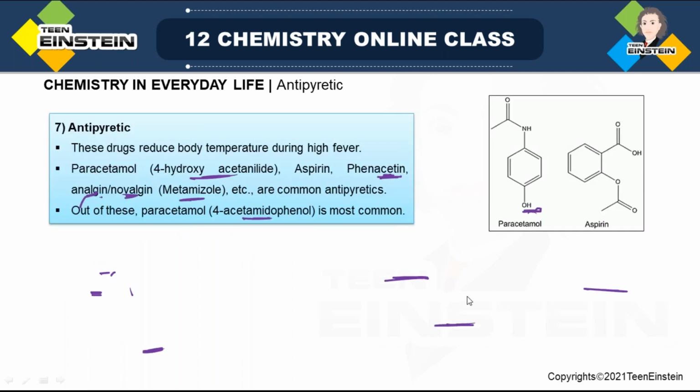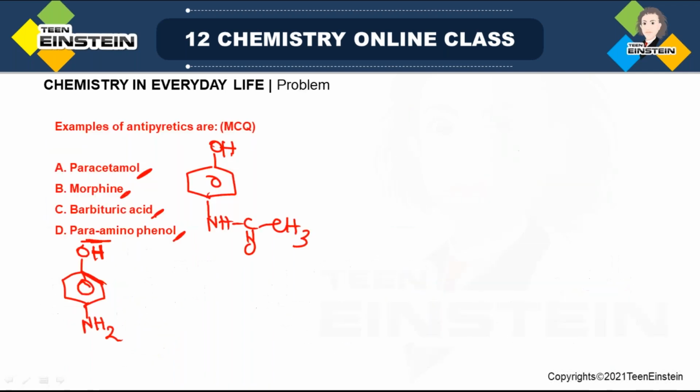This is the structure of paracetamol, NHCOCH3 and OH group at 1 and 4 positions. But in para-aminophenol, this is an NH2 group, that means it is not NHCOCH3. So we cannot say it is paracetamol. It is para-aminophenol, but this is not the drug. The actual drug is when this NH2 group is NHCOCH3.